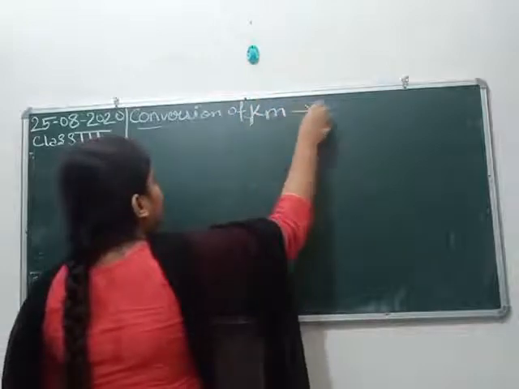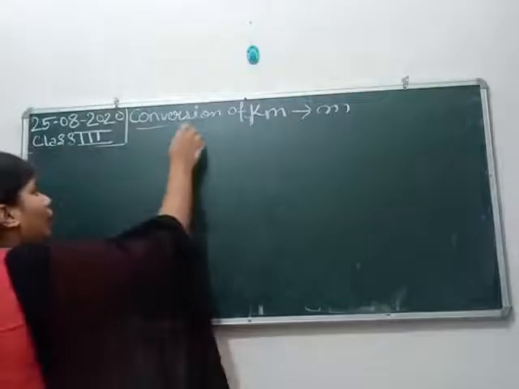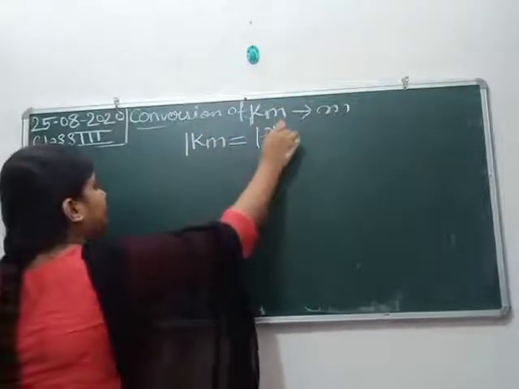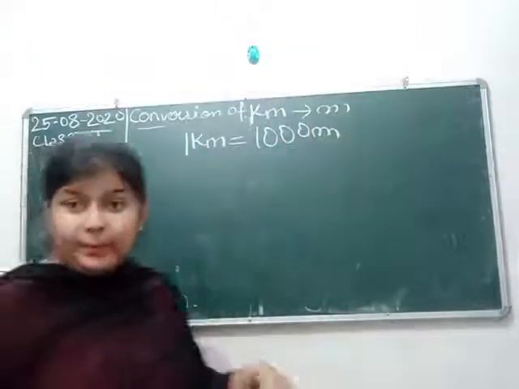kilometer into meter. Now, 1 kilometer is equal to 1000 meters. This I have already explained to you in the beginning of this chapter.